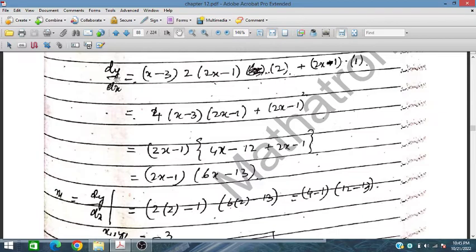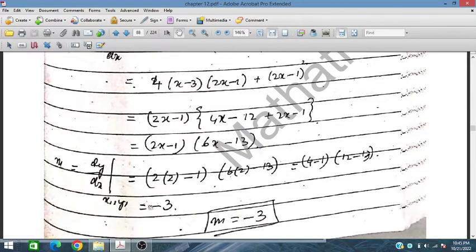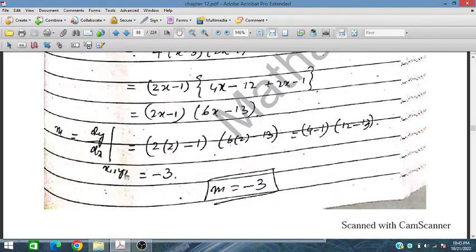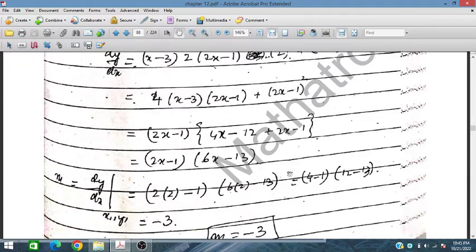So this is the gradient expression, and we place x1, y1, which is (2, -9), so x is 2. This becomes (4 minus 1) times (12 minus 13), so 3 times minus 1, and the answer is minus 3. The gradient is minus 3.